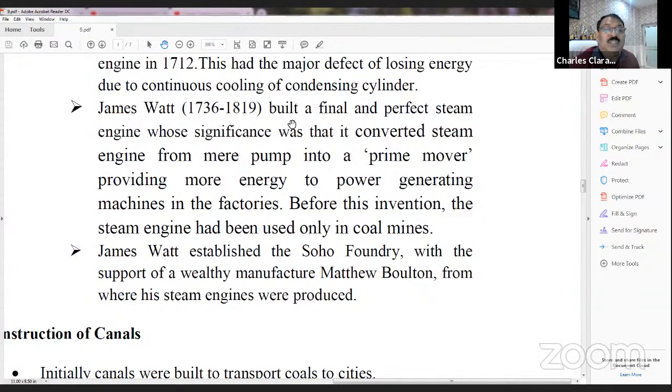Before this invention, the steam engine had been used only in coal mines. Now they began to be used in machines, which gave more power to the Industrial Revolution. We could produce much more.